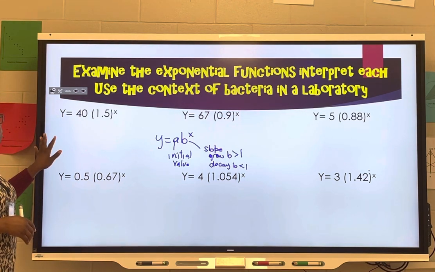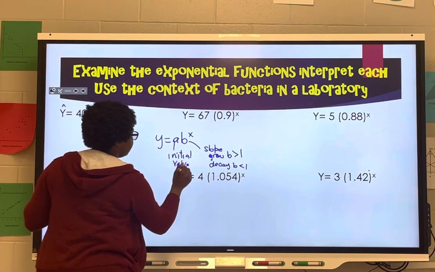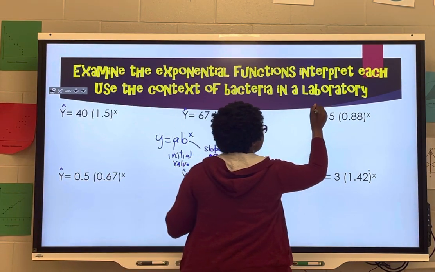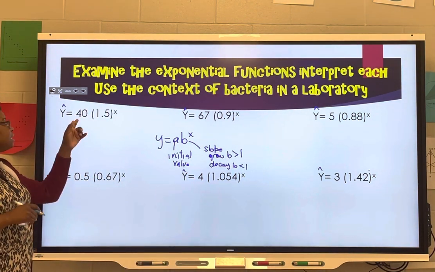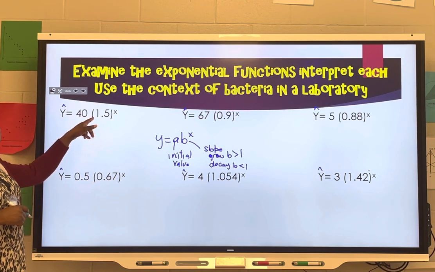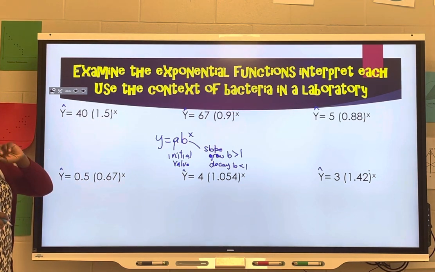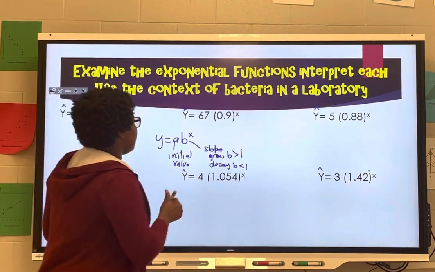So when we have, let's put some hat above these because these are basically predictions. So when we have our function, for example, y hat is equal to 40 times 1.5 to the x, and let's say this growth and decay is daily.